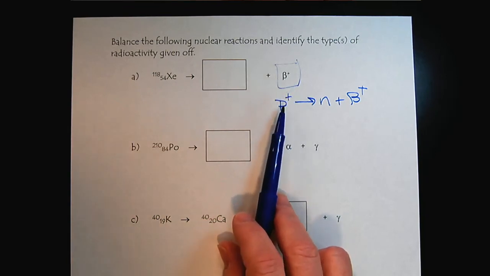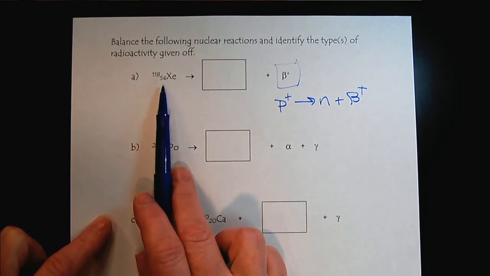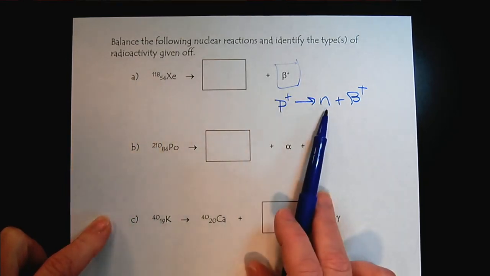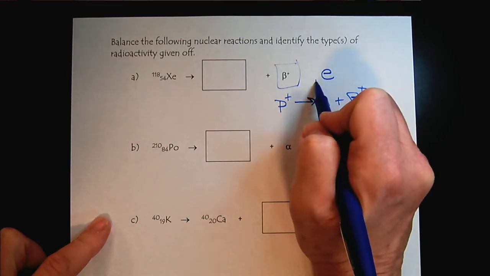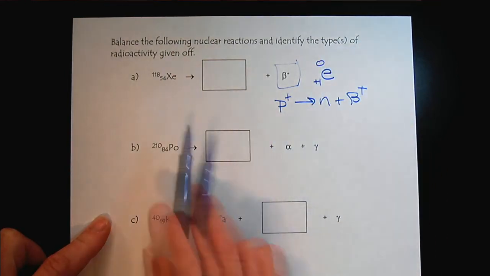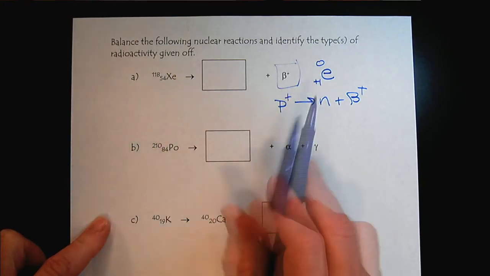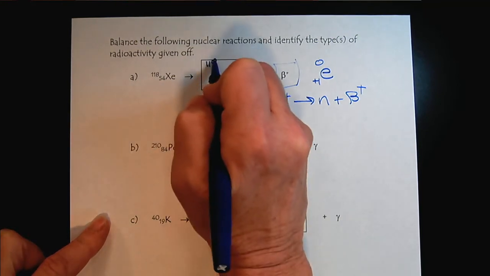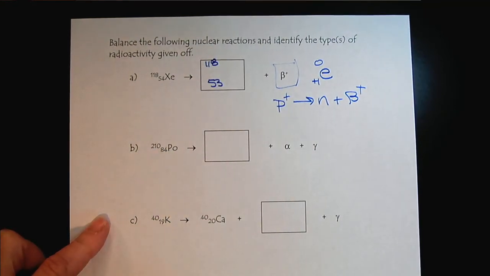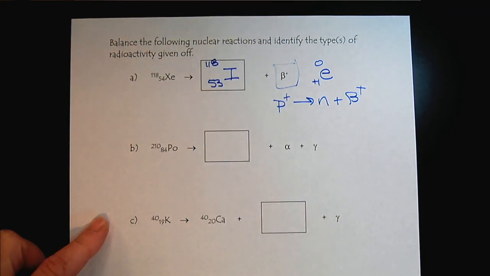That means one of the protons in our parent was converted to a neutron. The other way to think about this is the +1, 0. So 54 minus 1 would be 53, and the mass number doesn't change, and so we have produced the isotope iodine-118.